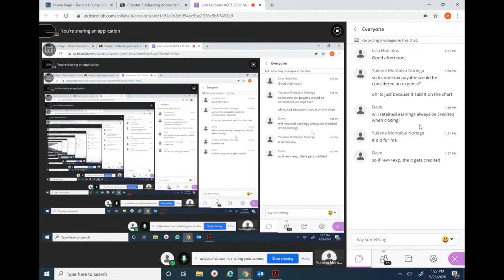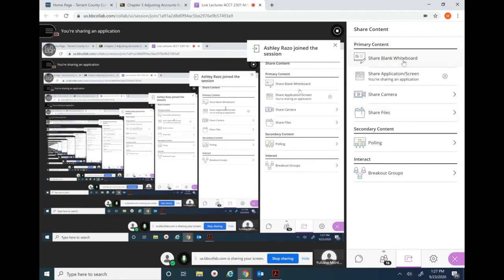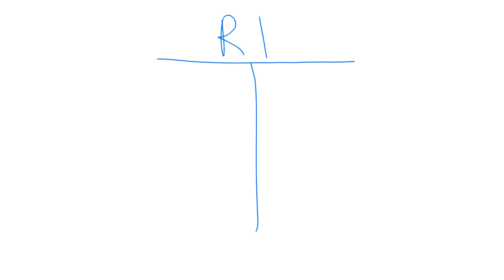So even though, let me show you something real quick. I'm going to go to my whiteboard. Just a second. Where's my whiteboard? To show you this. So here's the retained earnings account, right? It's a stockholders equity account. It increases on the credit side. It decreases on the debit side. The beginning balance is expected to be here, right?